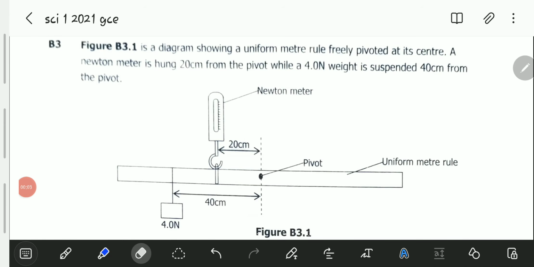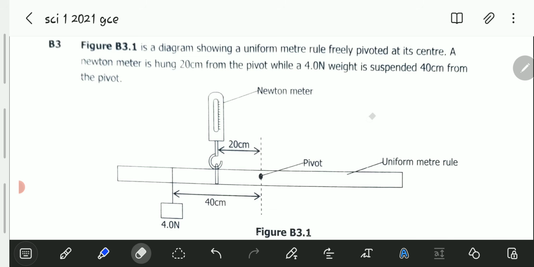In this video we will be looking at the 2021 GCE Science Paper 1, question B3. Question B3 reads: Figure B3.1 is a diagram showing a uniform meter rule freely pivoted at its center.